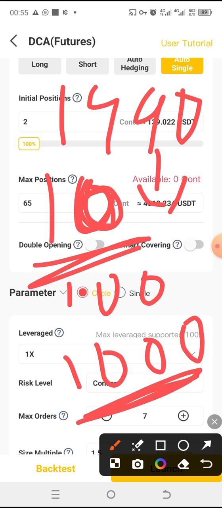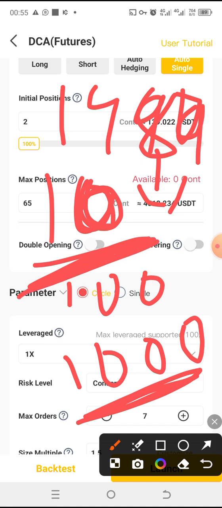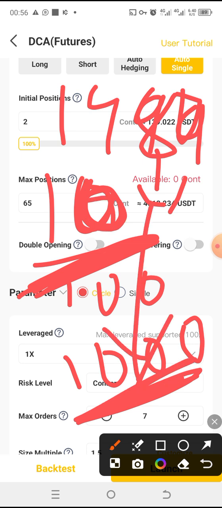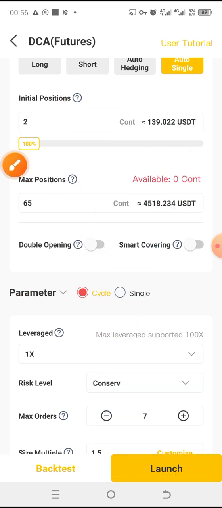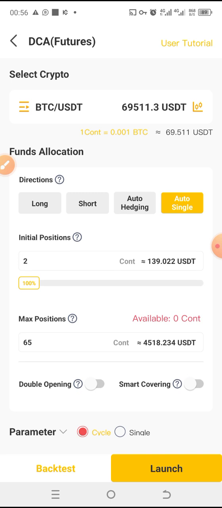So you're about to be liquidated. Immediately it gets to 1,989 point 9, you get liquidated because you only have $10 in the system, but you're using 1,000 to trade. Immediately the coin goes down $10, you get liquidated because you don't have money there. So that's the advantage and the disadvantage. So you need to be careful in the mathematics, the way you run the maths. And that is why the robot is here to run the maths for you.